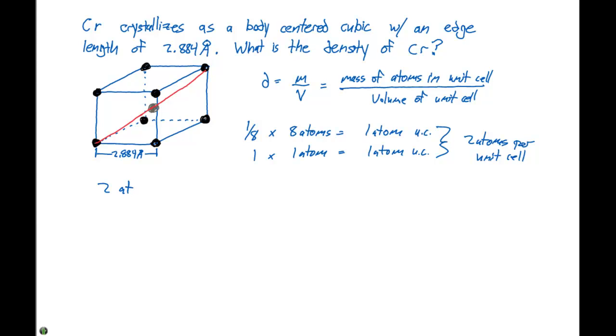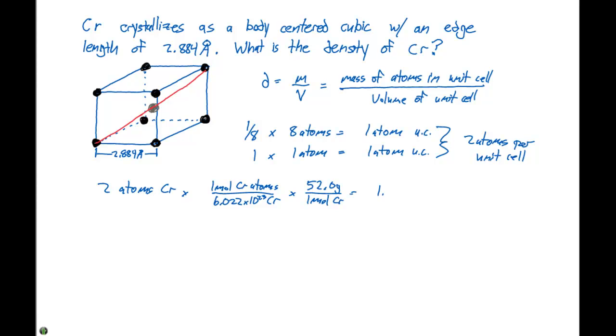So we need to determine the mass of 2 chromium atoms. If we have 2 atoms of chromium, we know from the periodic table that 1 mole of chromium atoms is 52.0 grams. For every 1 mole of chromium atoms, there are 6.022 times 10 to the 23rd chromium atoms.